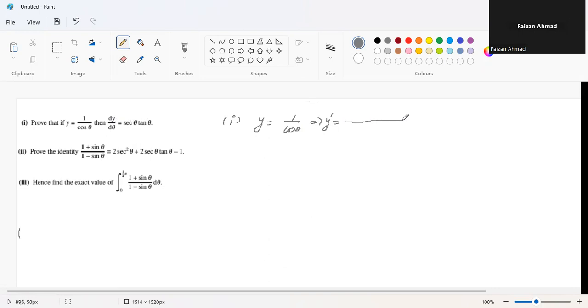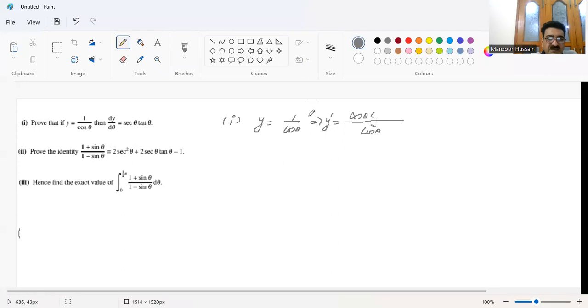Using the u by v formula, sine of theta is written here, taking the cosine of theta as it is, and the derivative of the numerator 1 is 0, minus taking this one as it is, and the derivative of cosine has the negative sign. And of course, after simplification, you can write this.